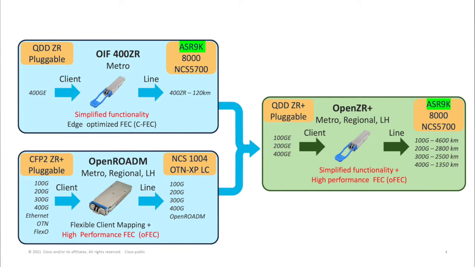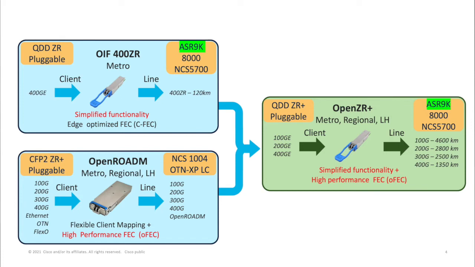On the line side, it allows 100 gigabit, 200 gigabit, 300 gigabit, and 400 gigabit. An important thing here is that high-performance FEC was adopted for this option as well. With OpenZR Plus, you are able to go much further distances with respect to data rate and fiber quality.